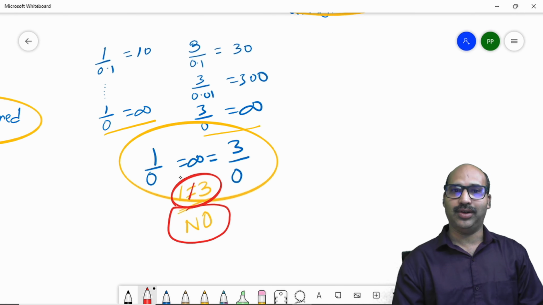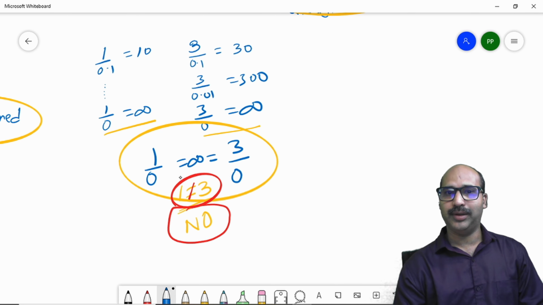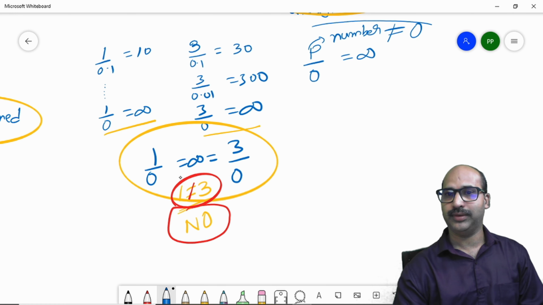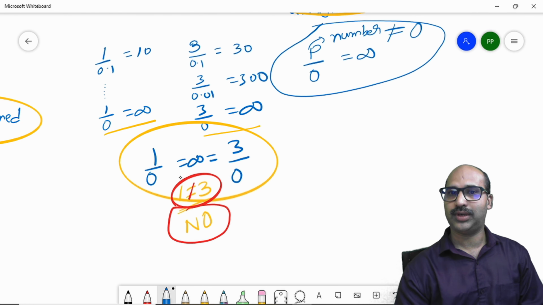So what we can conclude here is that a number p by 0 equal to infinite, where p is a number which is not equal to 0, is a wrong assumption.